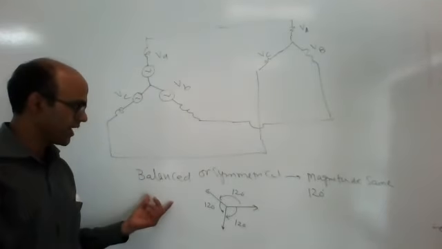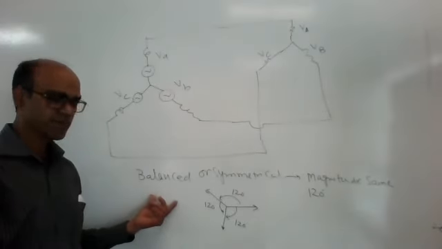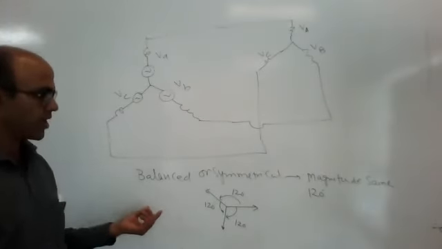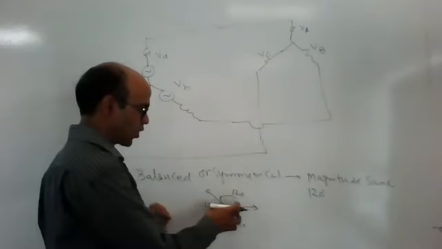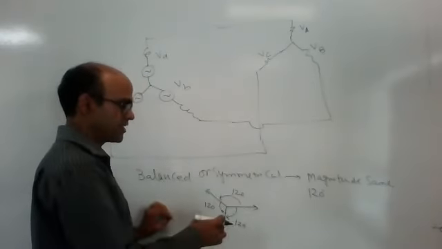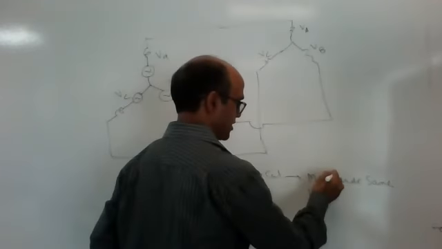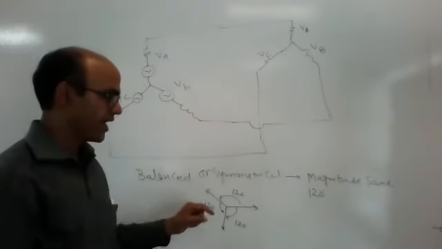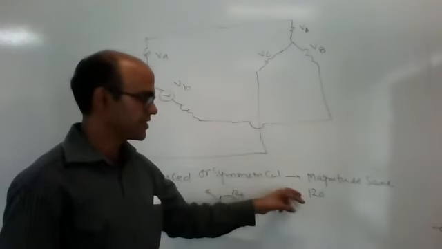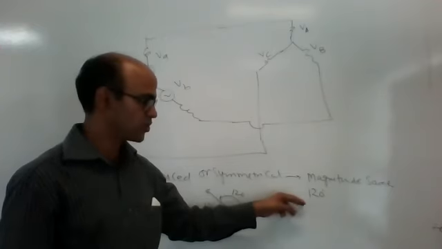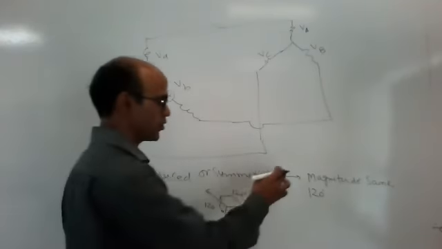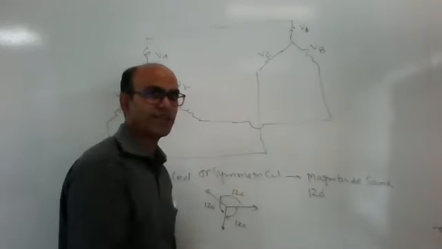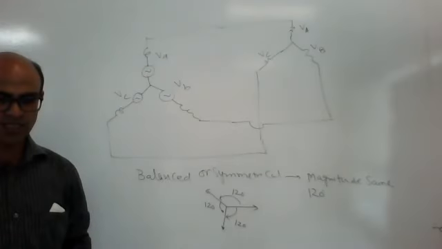This is the meaning of a balanced or symmetrical system. What is an unsymmetrical system? If any phase magnitude or angle changes from this same magnitude or angle. If any one condition changes from these two, then that is called an unbalanced system. Either the magnitude may be different or the phase angle may be different.